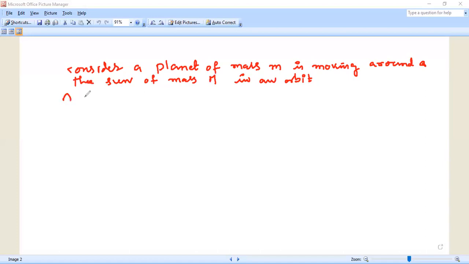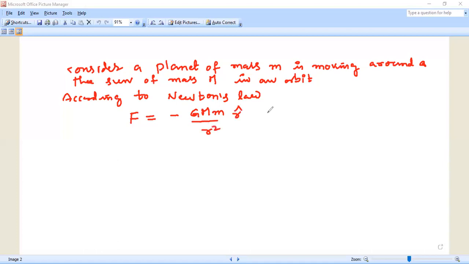According to Newton's gravitational law, the gravitational attraction force between Sun and Earth is given by F is equal to minus GMm by r square into r cap. r cap is the unit vector along the direction of r bar, where the negative sign indicates the force is attractive.